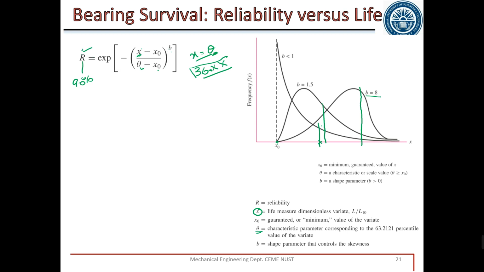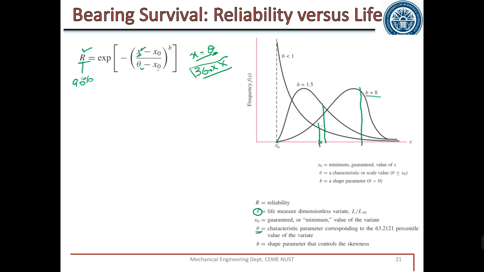If you substitute your desired value of reliability, you will get a value of x that gives you the desired reliability. So that is the relationship between expected value and reliability. If you put in how much load you can apply on the bearing, you get the value of reliability. And if you put in a value of required reliability, you will get the value of x. X naught, theta and b are given by the manufacturer.